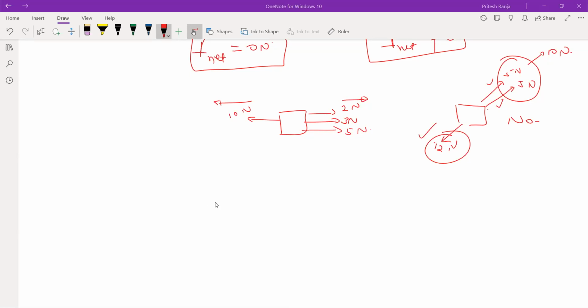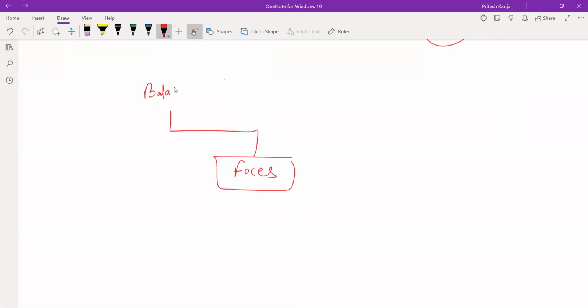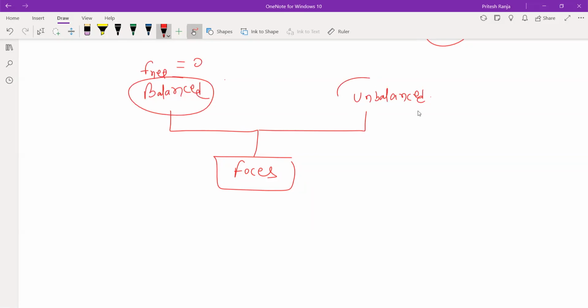Chalo, let us describe in detail the types of forces. So एक तो हमने describe किया balanced force और दूसरा unbalanced force. ये last classes में हमने डिस्कस कर लिया था. बैलेंस्ड फोर्स वो होता है जहां पर कि नेट फोर्स क्या हो जाए? जीरो हो जाए. अनबैलेंस्ड में नेट फोर्स, नेट मीन्स द टोटल फोर्स, जीरो ना हो, then it is unbalanced.